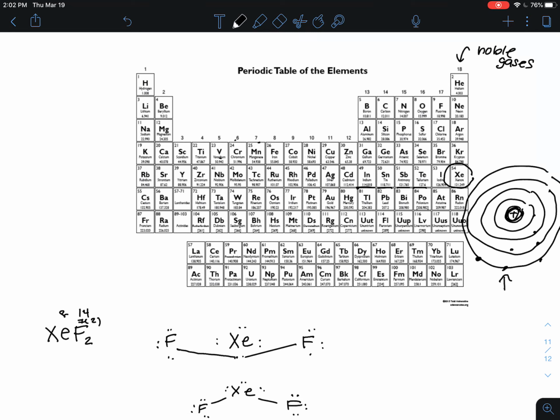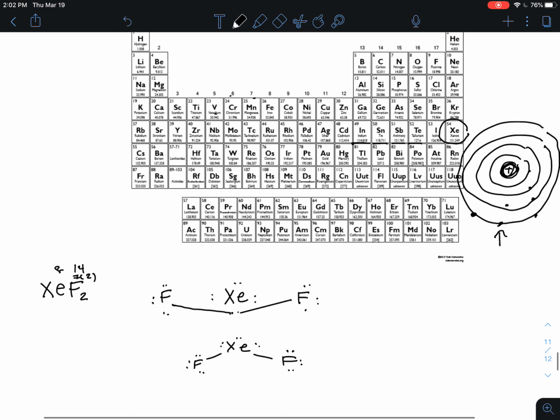We know that this is 14 because it's 7 times 2, and then this is 8. 8 plus 14 is 22. 2, 4, 6, 8, 10, 12, 14, 16, 18, 20, 22.